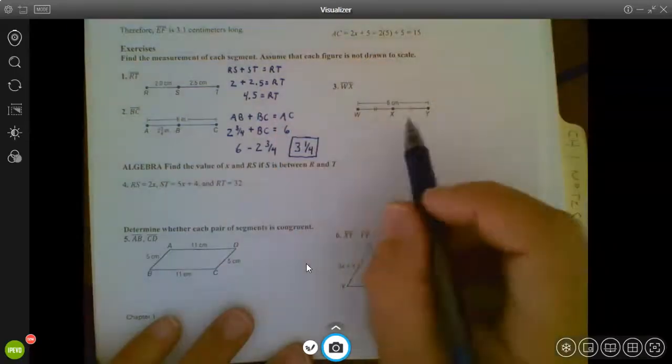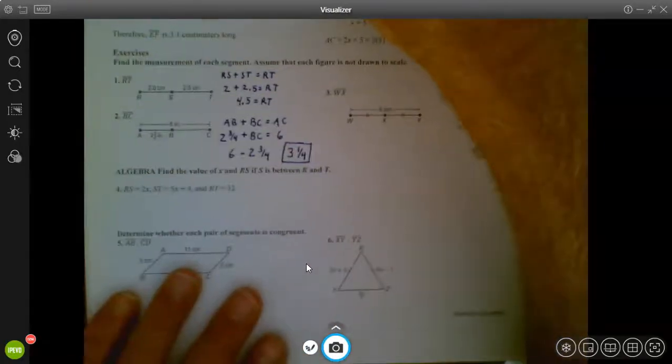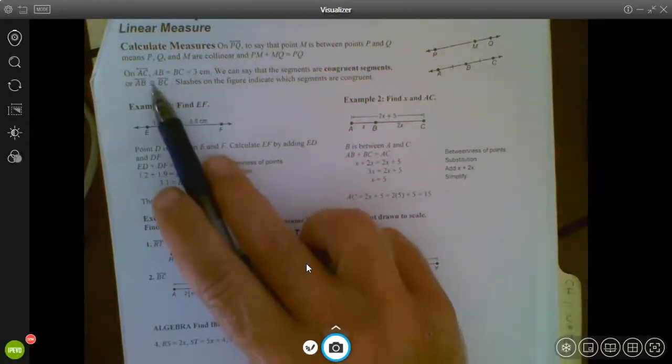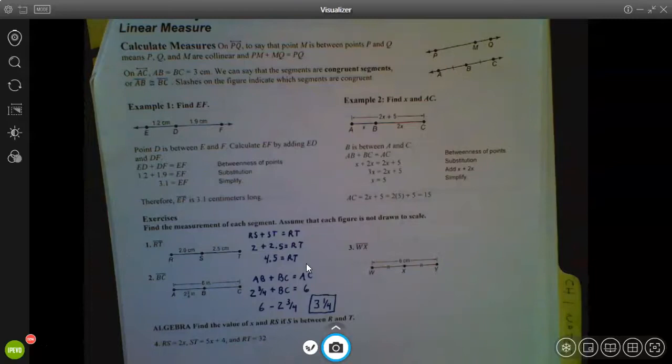Okay, so this one over here, what do those little lines mean? So really big concept in geometry. Those little segments are called congruent marks or congruency marks. This is a symbol for congruence. Congruence is pretty much the same thing as an equal sign.